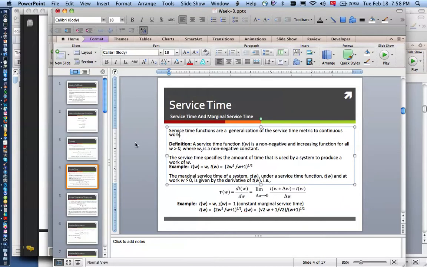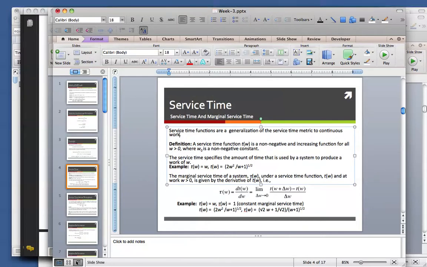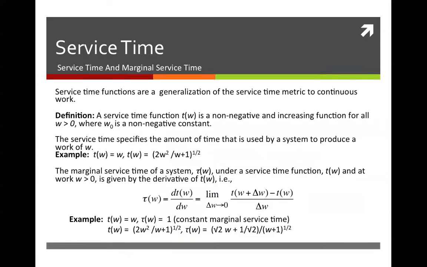I just caught myself making a mistake there, and then I fixed it. So as opposed to having discrete work and then measuring these times at different amounts of work and computing the service time, averaging it over work, we really take this time to be a continuous function of work. And that's how we write it.